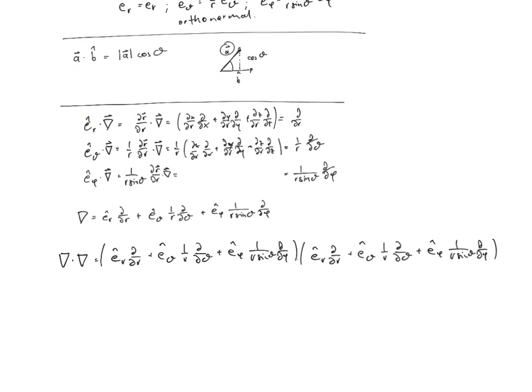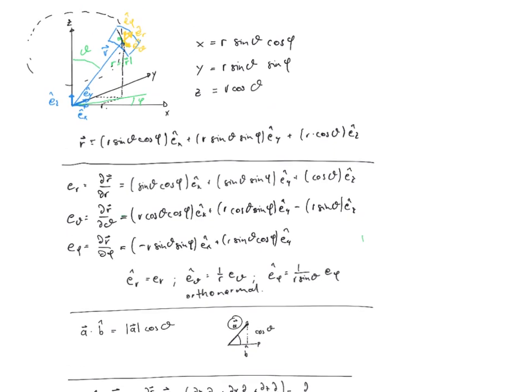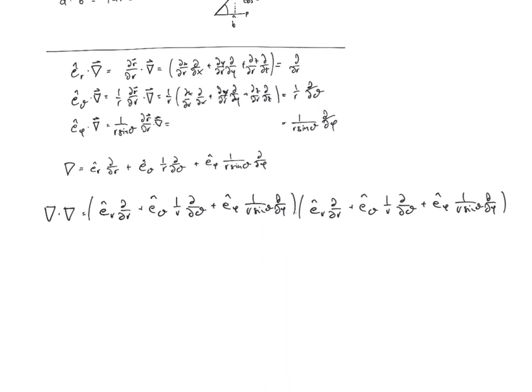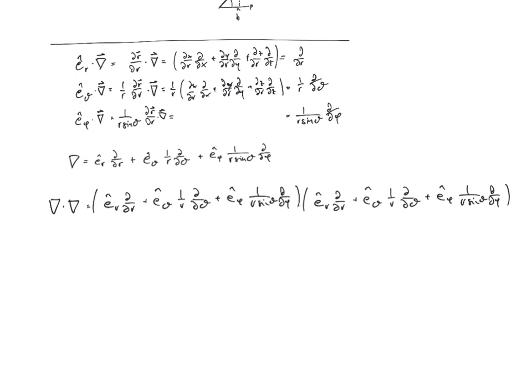So in order to see how d/dr acts on e_r, we can remind ourselves of the expressions for e_r, e_theta, and e_phi in terms of the individual angles. Okay, so if we do this, we can write down the expressions for the individual derivatives as follows.